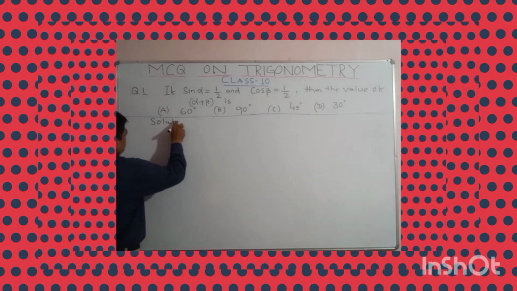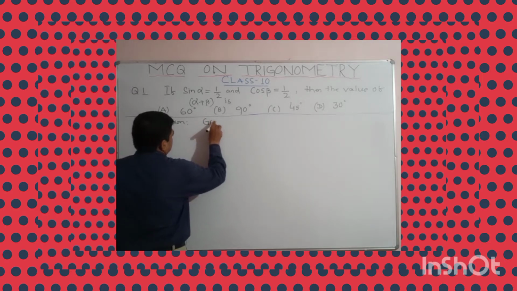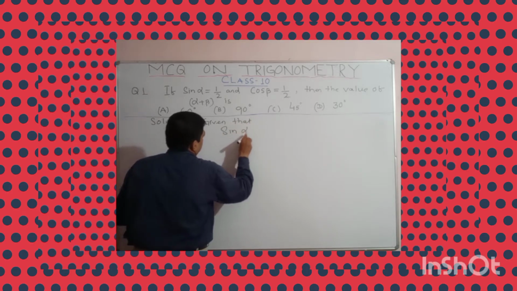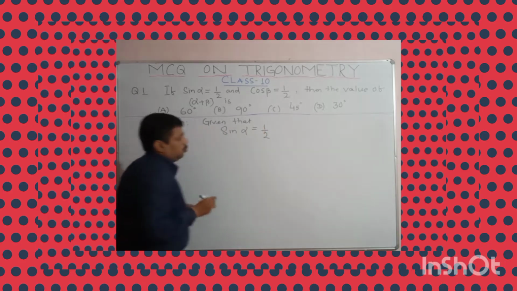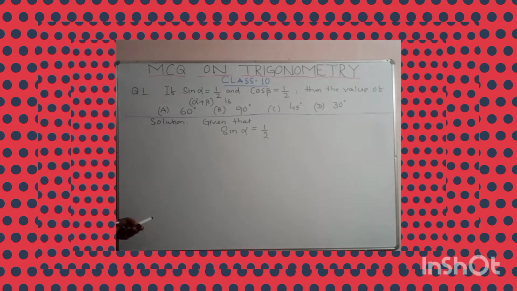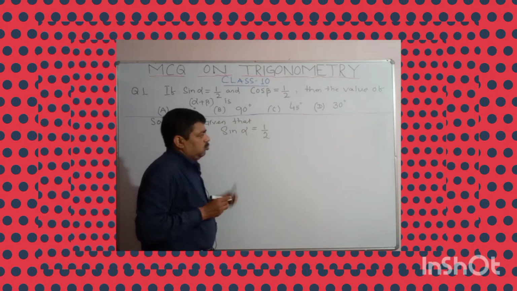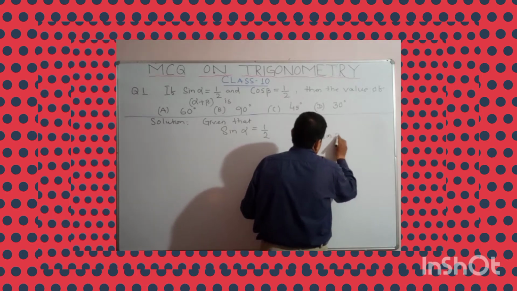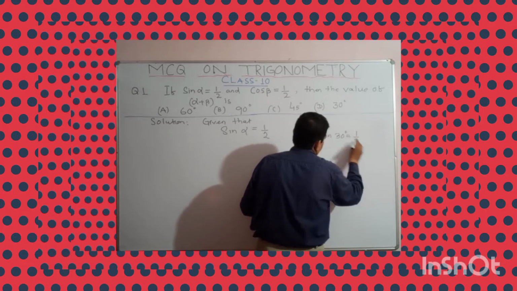You see here, sine alpha is given equal to 1 upon 2. And you know the sine 30 degree is equal to what? 1 upon 2, all of you know.